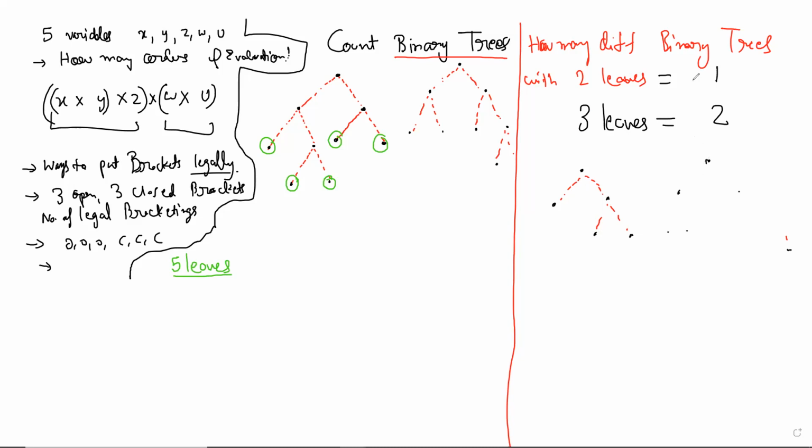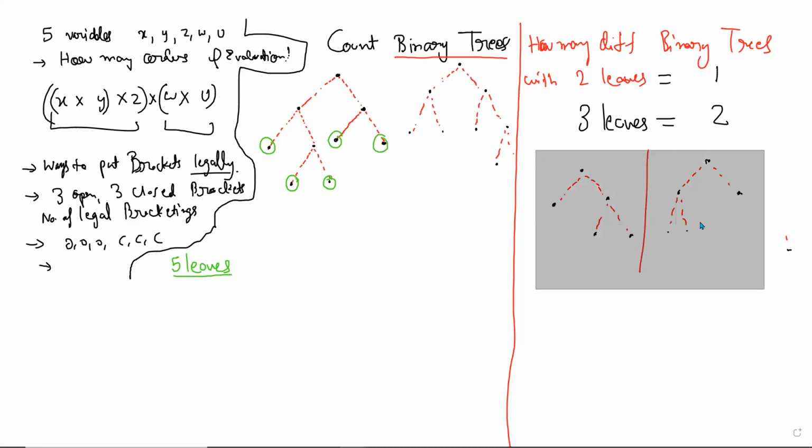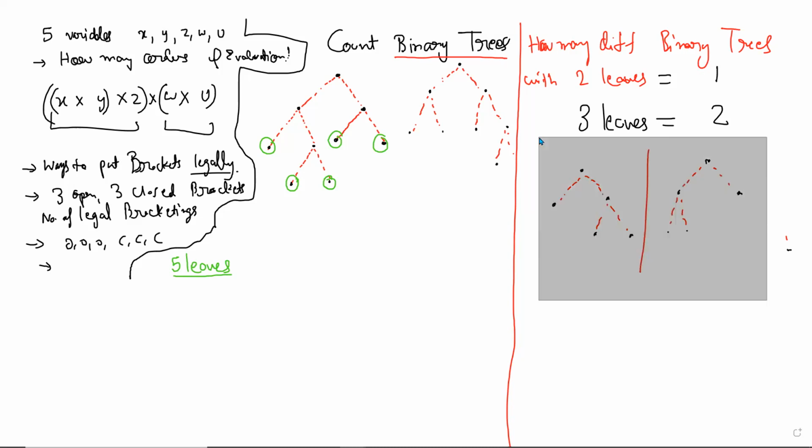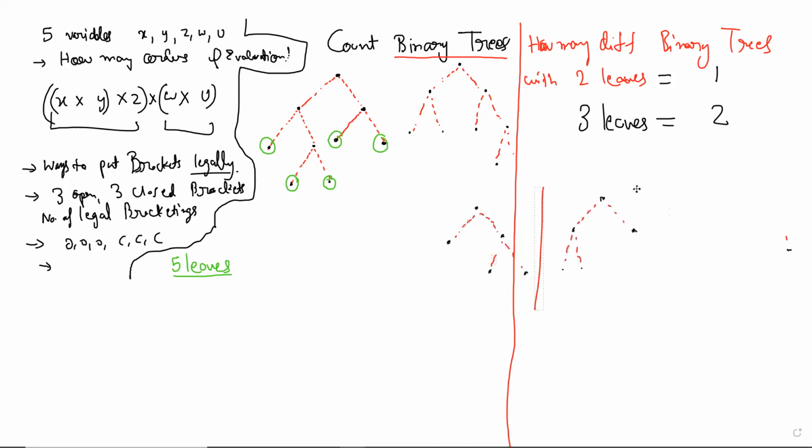And you can see these are the only 2 cases. Because you will need to have 2 or 0. Every vertex needs to have 2 or 0. So these are the only 2 cases. Right. Okay. Now can anybody count for 4 leaves?